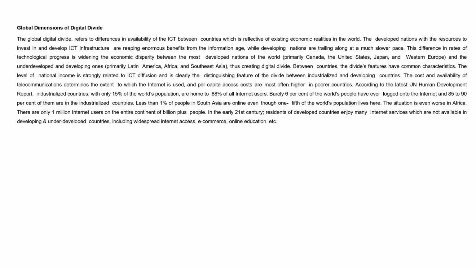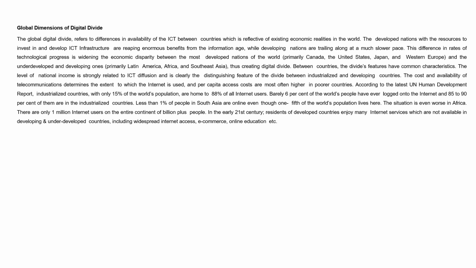The difference in the rate of technology progress is widening the economic disparity between the most developed nations of the world, primarily Canada, the US, and Japan and Western Europe, and the underdeveloped countries, once primarily Latin America, Africa, and Southeast Asia, thus creating digital divide.